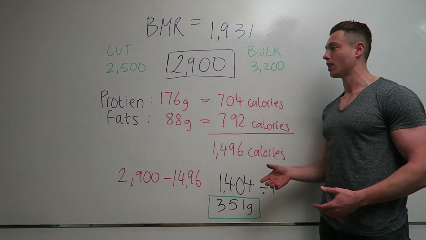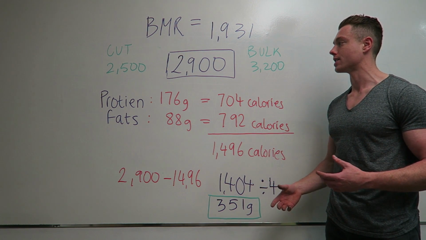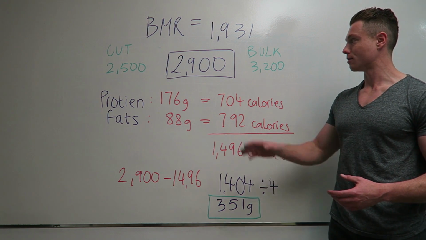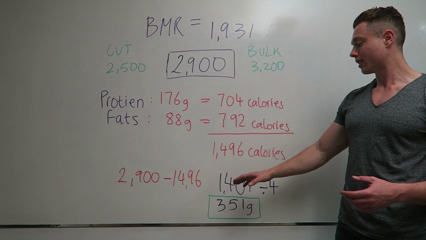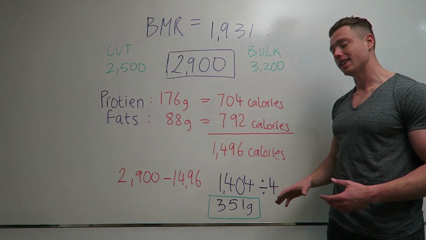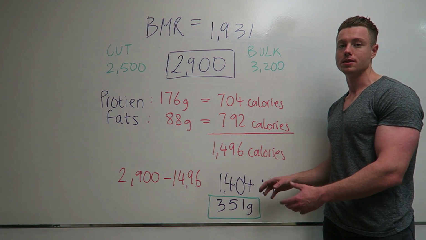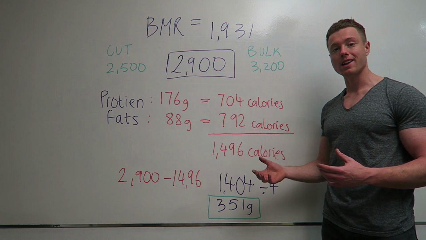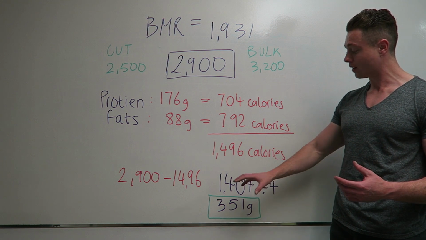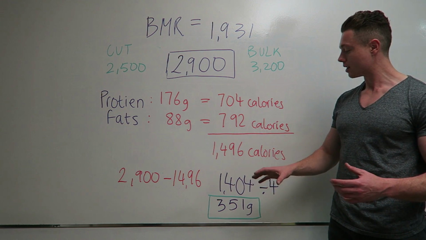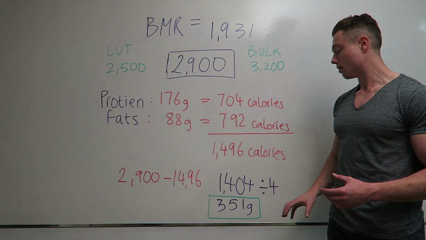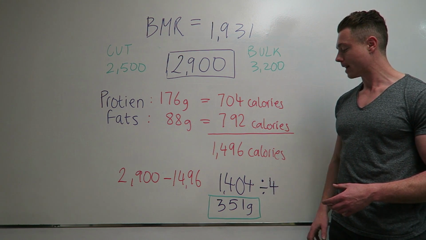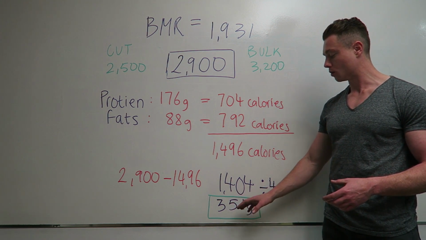Now in the previous step, we said we like to take the remaining calories and use them for carbs. So if we take away 1,496 from 2,900, we get 1,404 calories, and these calories are all going to come from carbs. We've seen earlier as well that carbs have 4 calories per gram, so we divide 1,404 by 4 to get the actual gram amount, and that equals 351 grams.